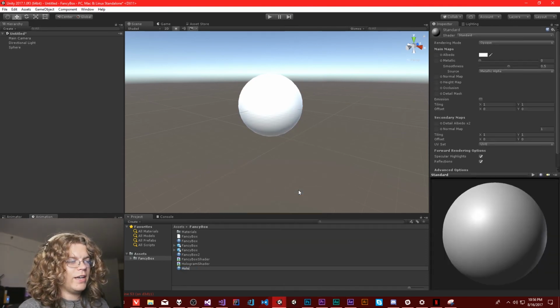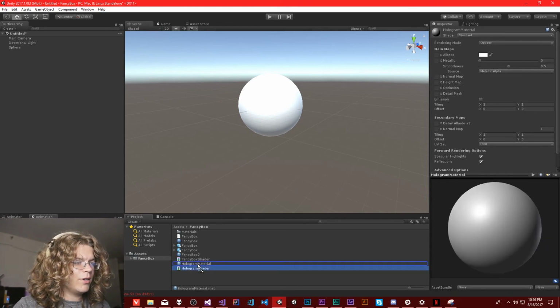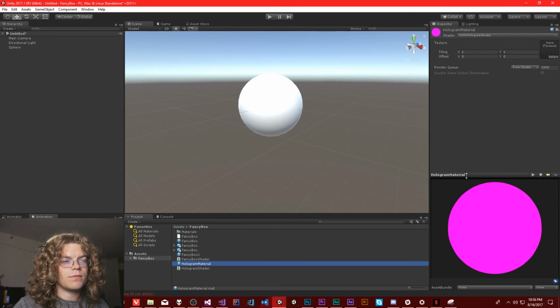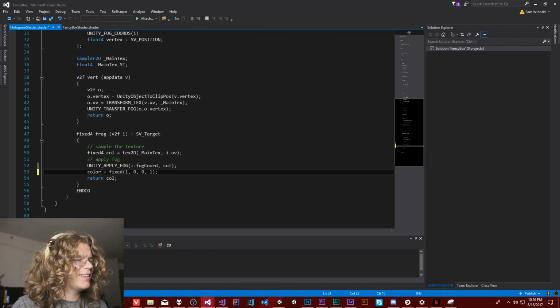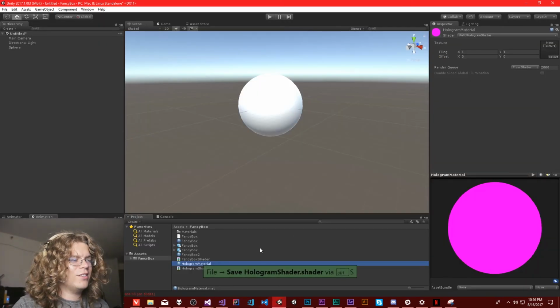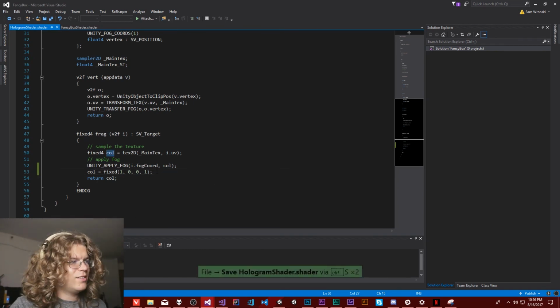So if we throw together a hologram material like that, throw our hologram shader on there, we're going to get pink. Because I did not type that right. Color. This should be better. That's still not going to work because we're actually using Cull, C-O-L.